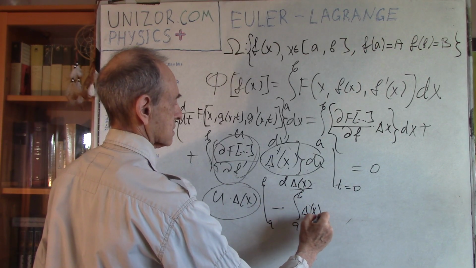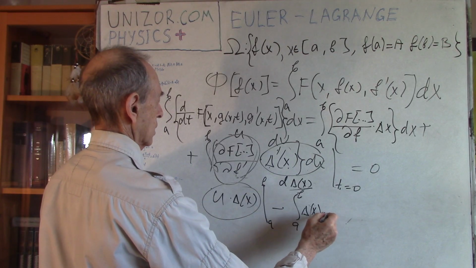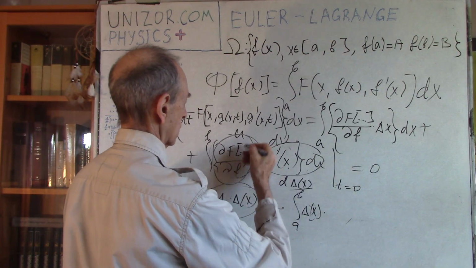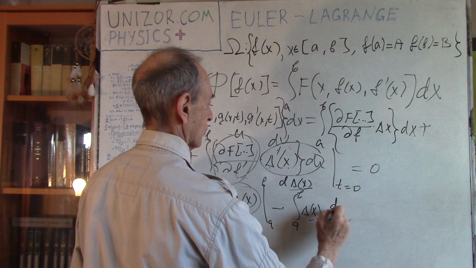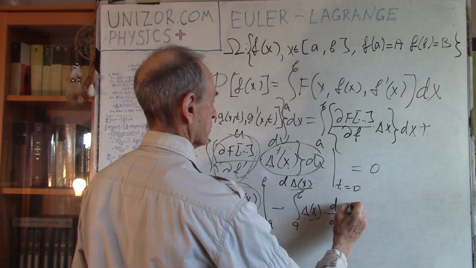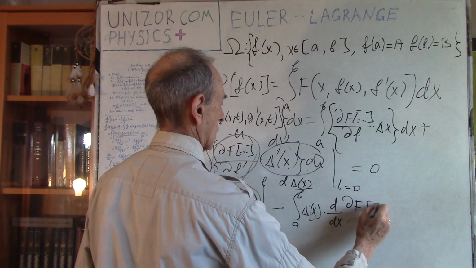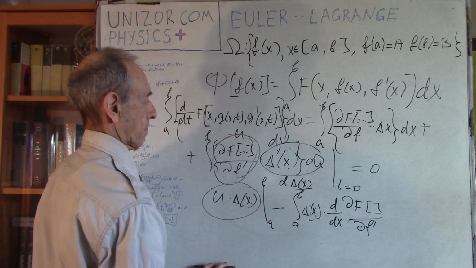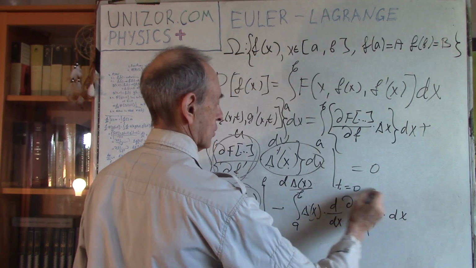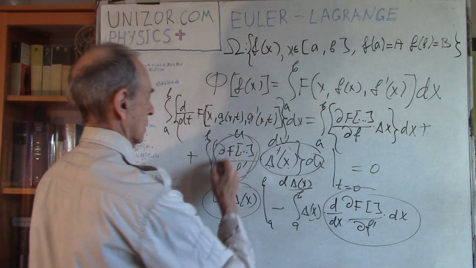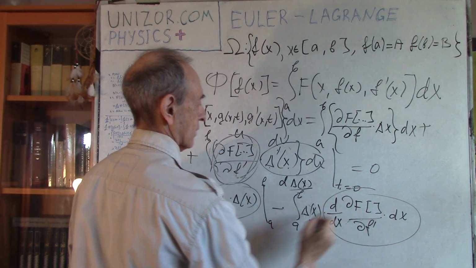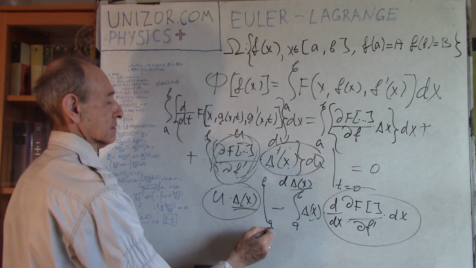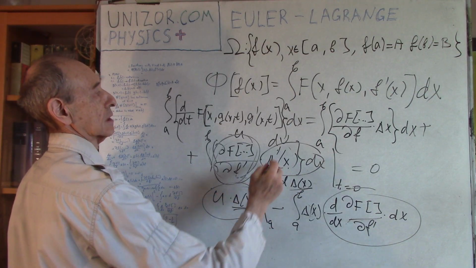v is delta of x, and du is the differential of this. The differential of a function is its derivative, so I will put d by dx of the partial derivative by the third argument times dx. So this together is d of this function. Now, delta of x is equal to 0 at a and 0 at b.